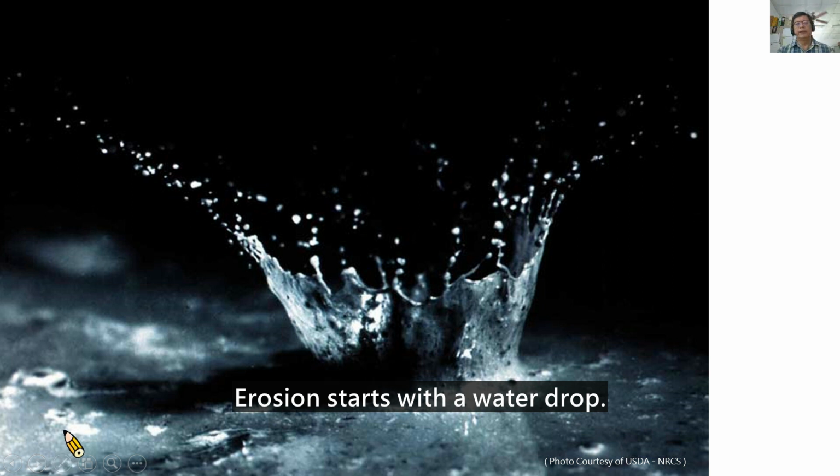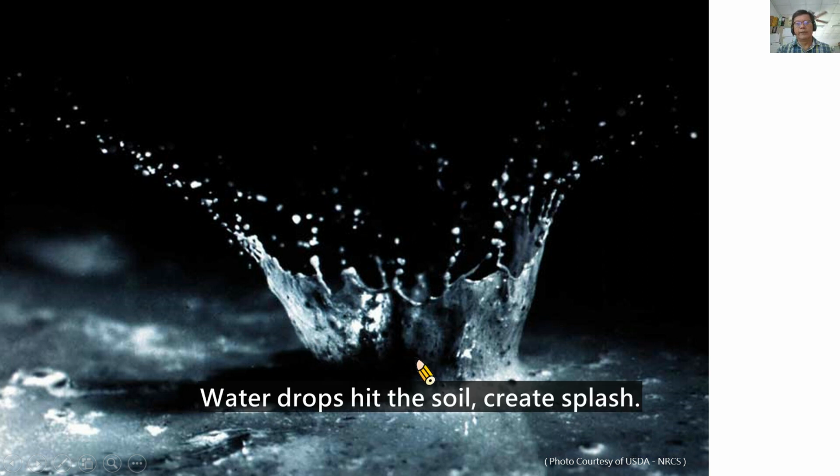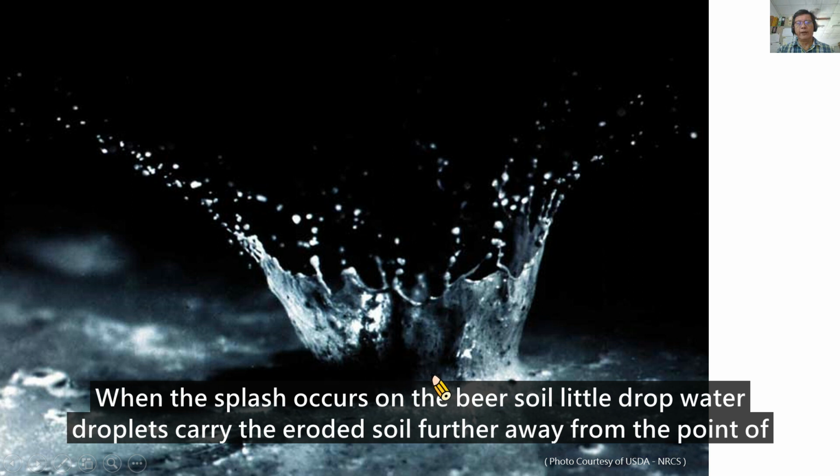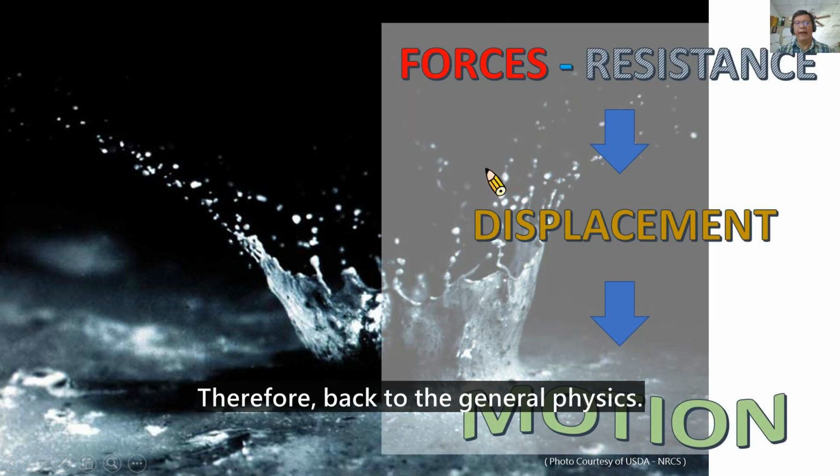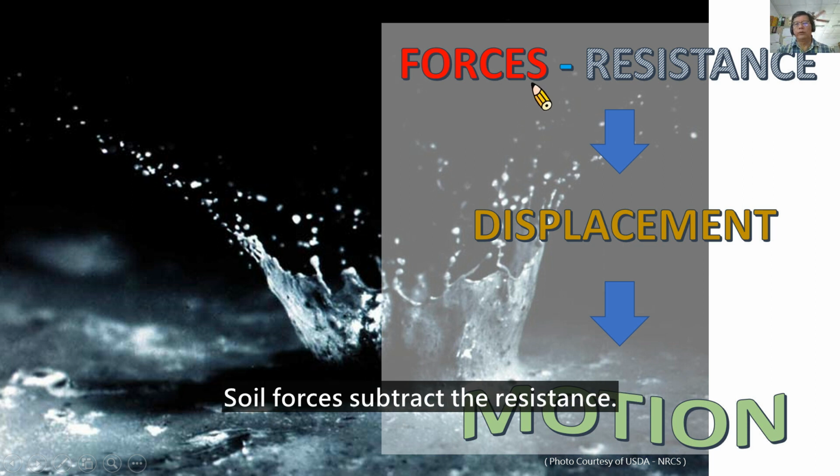Erosion starts with a water drop. Water drops hit the soil and create splash. When the splash occurs on the bare soil, little water droplets carry the eroded soil further away from the point of impact. Therefore, back to the general physics, forces subtract the resistance.